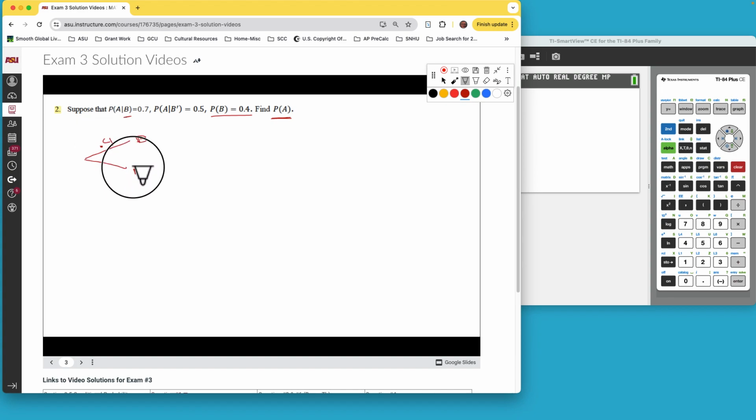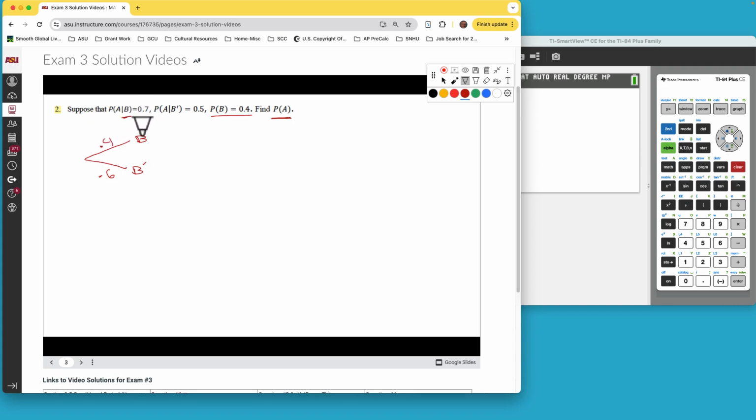The probability of B not happening: B either happens or it doesn't, so this has to add to 100%. 100% minus 40% gives us 60%, 0.6 as a decimal. So we've got those branches. Now we can use the conditional information.